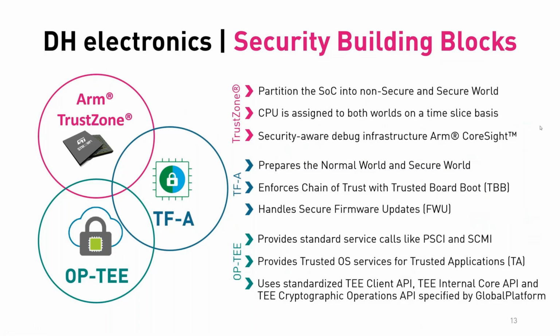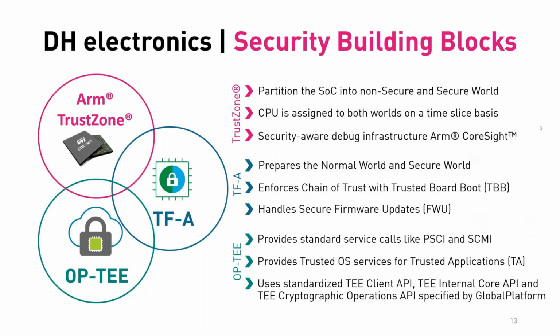This tiny part of the boot chain prepares the normal world and the secure world, which I come to later. It also enforces the chain of trust, called trusted board boot in TF-A, but this is the same as secure boot in general, just another name and another implementation, but it ensures that the chain of trust is valid.